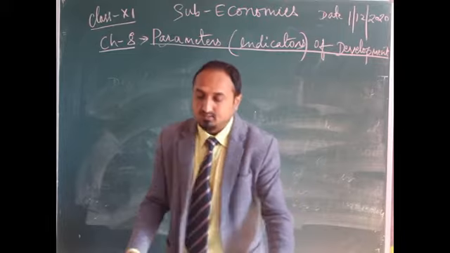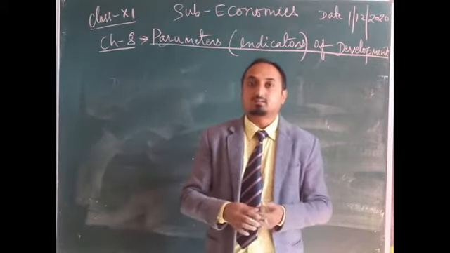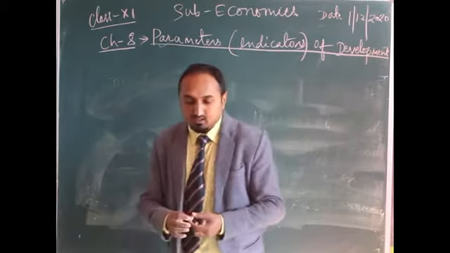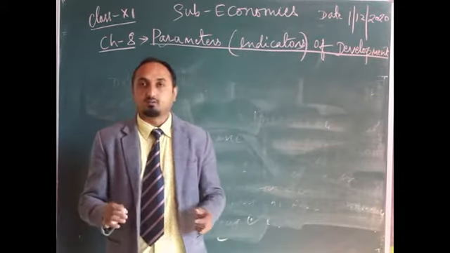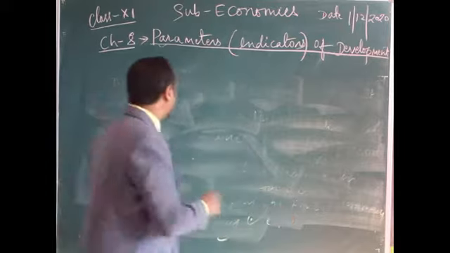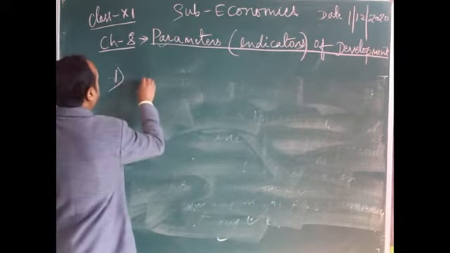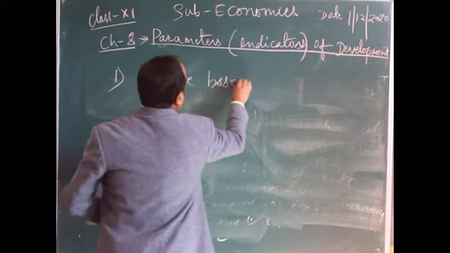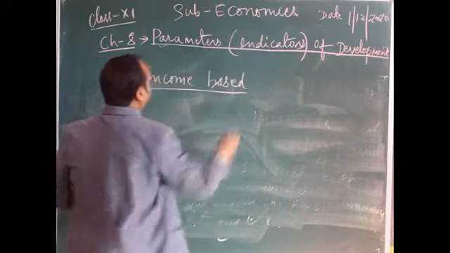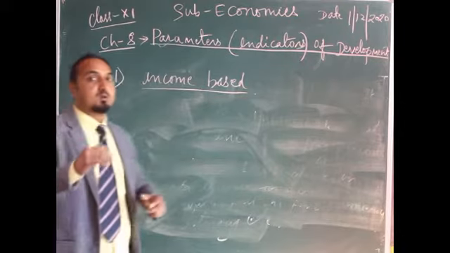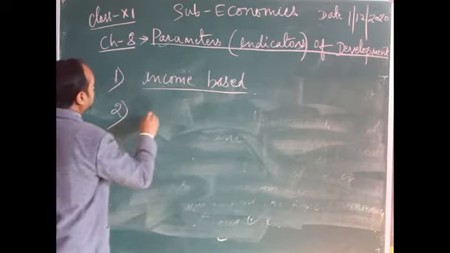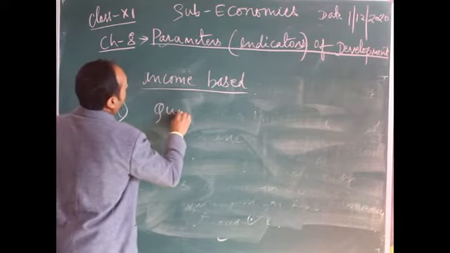Now, the next thing we need to know is that several indicators are there to measure the economic development of a country, which are classified into two categories. One is called income based, and the other one is based on the quality of life.